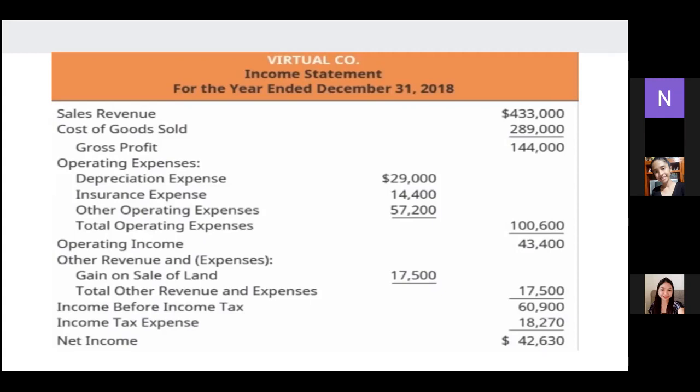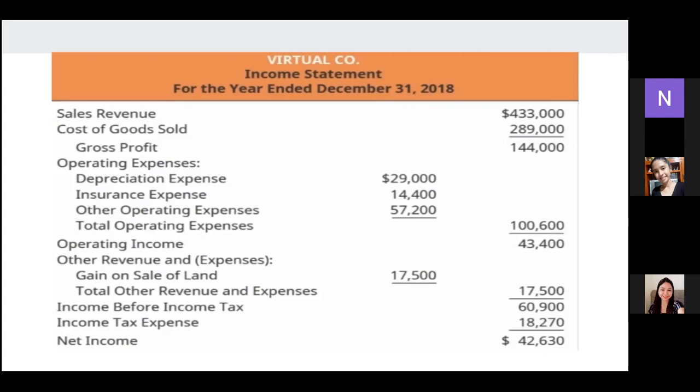And other revenue or expenses, i-add natin siya dun sa may operating income na nakuha natin. So, we have the gain on sale of land amounting to 17,500. Iisa lang yung other revenue or expense natin, which is amounted to 17,500.